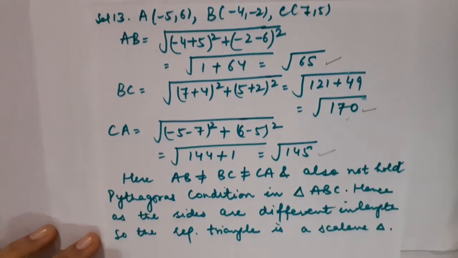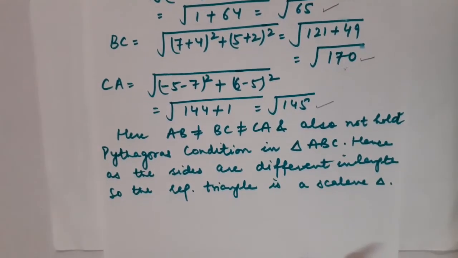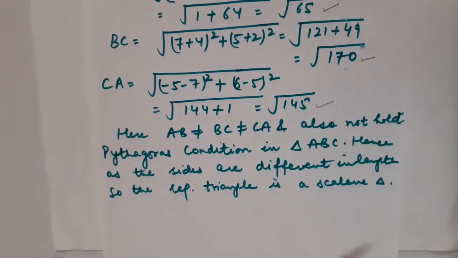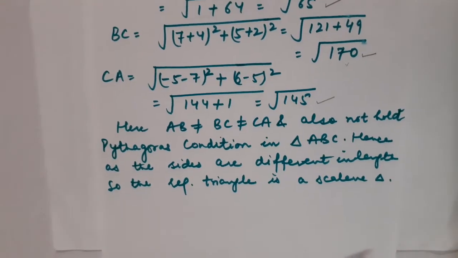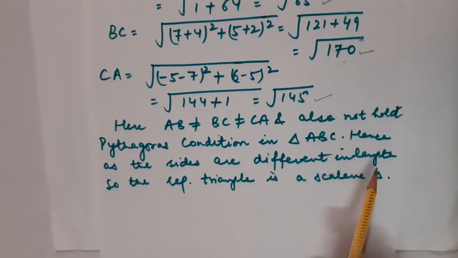So it does not satisfy the Pythagoras condition. Otherwise we could call it a right angle triangle. But it is not a right angle triangle either. As the lengths of all the 3 sides are different, it will be a scalene triangle. Understood?